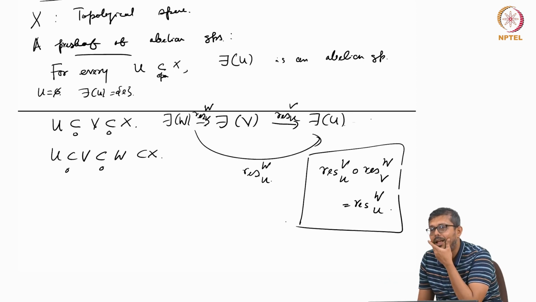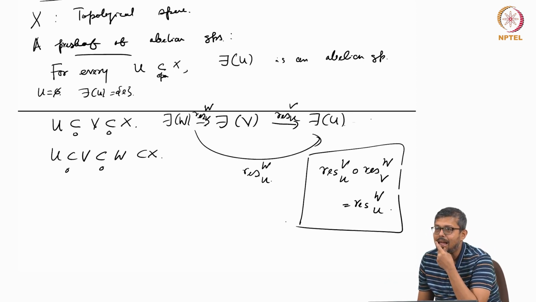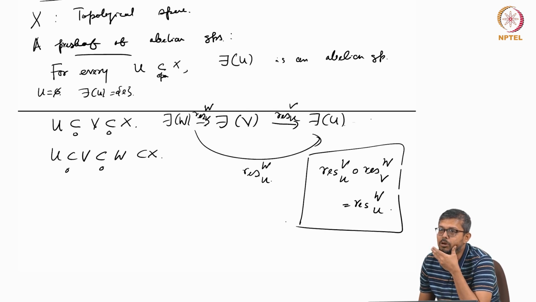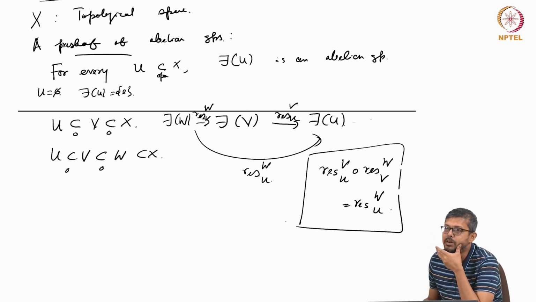So these open sets are with respect to the induced topology. X is a topological space, so U is an open subset in V, and V has the induced subset topology.